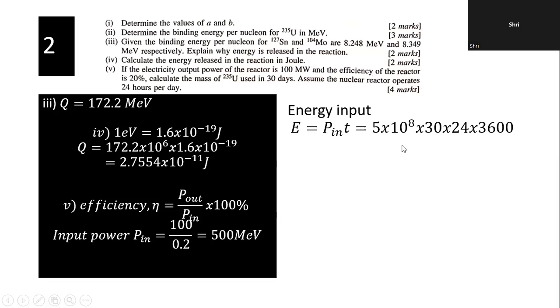Change it to electron volt times 30 days times 24 hours times 3,600 seconds, you get it in joule. Sorry, I've done something wrong.